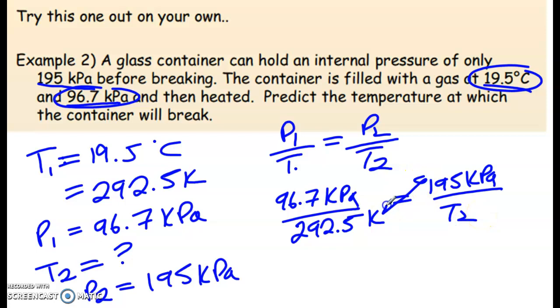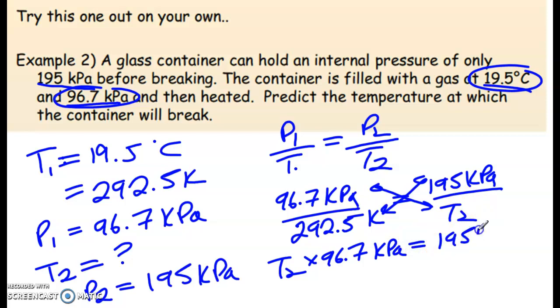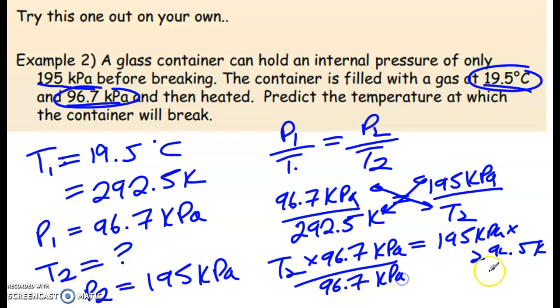Okay, so cross multiplying this once again, we end up getting T2 times 96.7 kPa is equal to 195 kPa times 292.5 Kelvin, right? So you divide by 96.7 on either side.